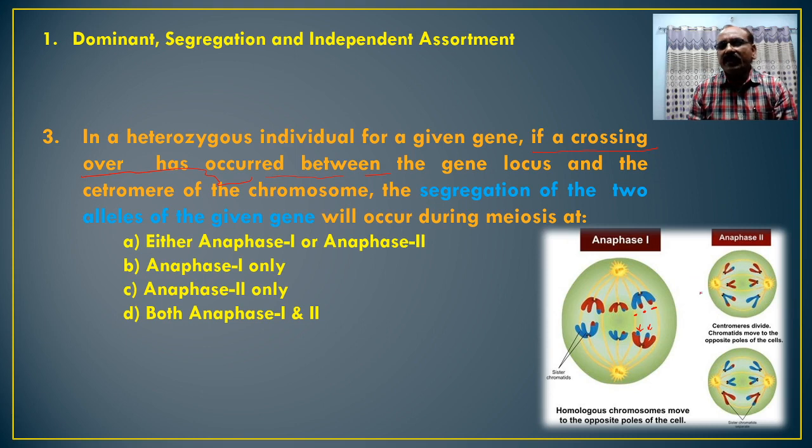Then in anaphase 2 these genes are separated from each other, and such segregation is carried out only in anaphase 2 of meiosis. Hence instead of anaphase 1, the answer becomes anaphase 2.